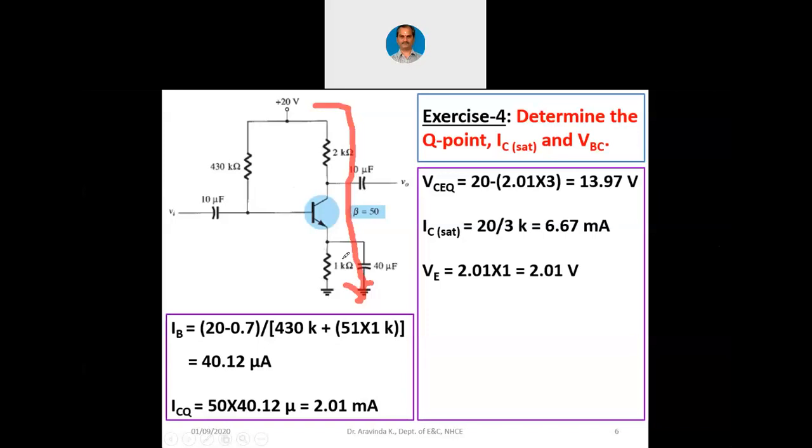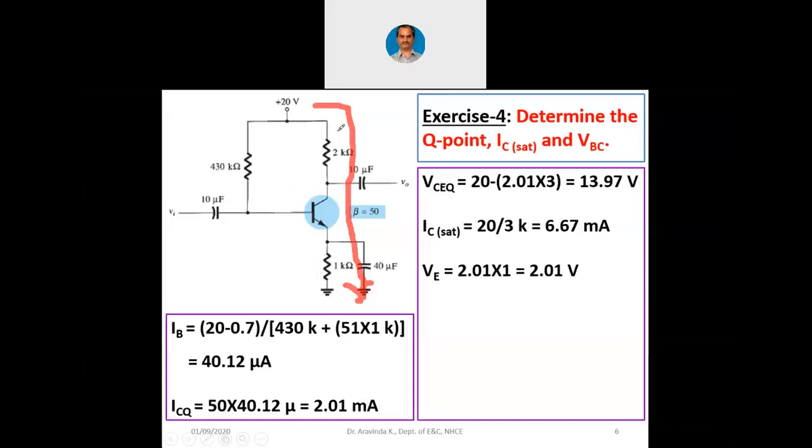So how can you ignore this 1 kilo ohms? In the base bias, this RE was not there, but in the emitter bias, this RE is there, which cannot be ignored. We are only assuming that the transistor is completely switched on. That means between collector and emitter, it is 0 volts. But otherwise, when current is flowing through this 1 kilo ohm resistance, there will be a voltage drop across this also.